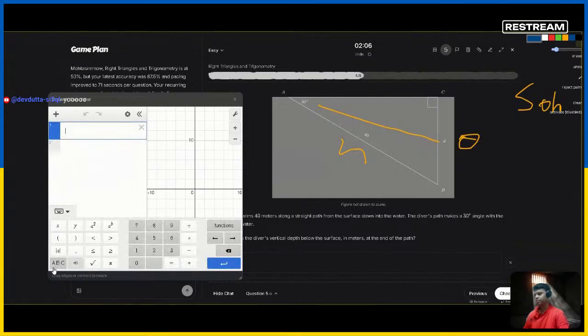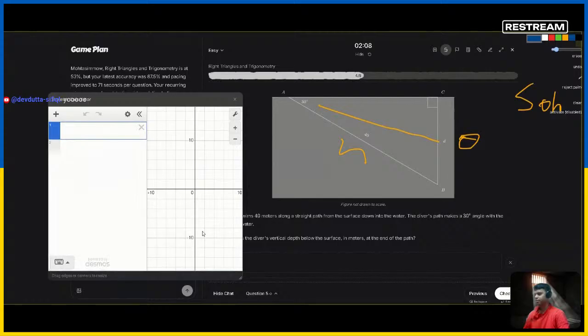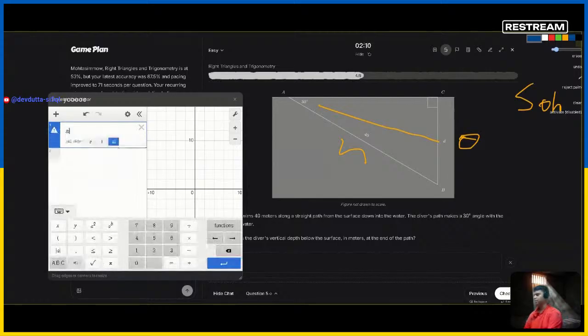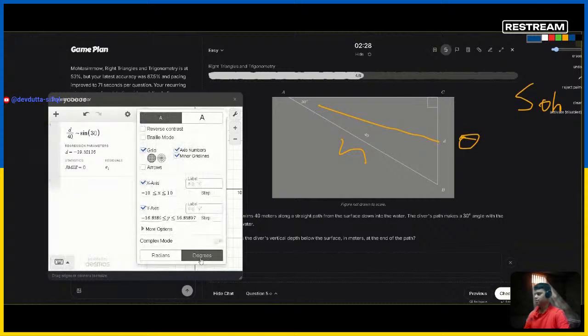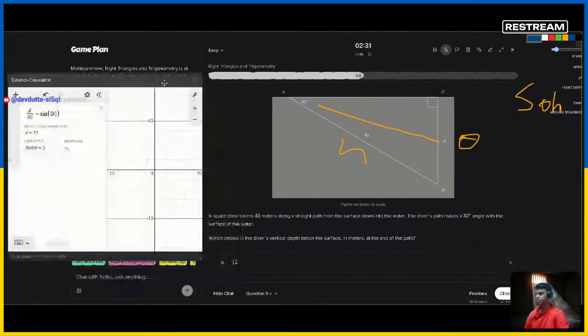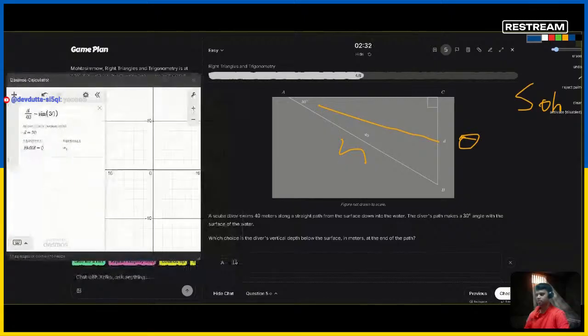Actually, no, can we use normal sine? Yeah, we can. So sine of 30 degrees equals O over H, where O is D and H is 40. And we have to tell it that it's in degrees.